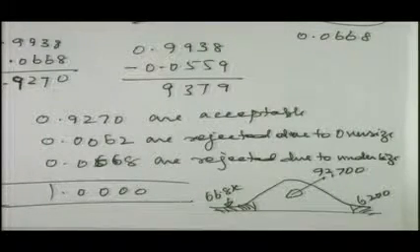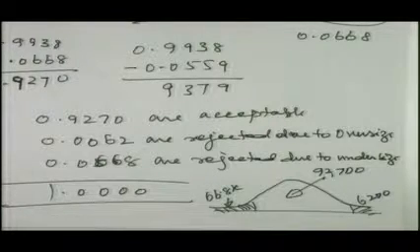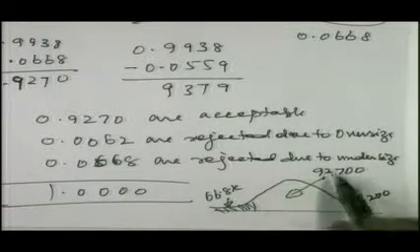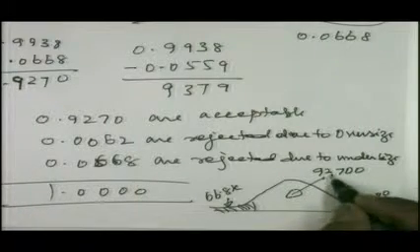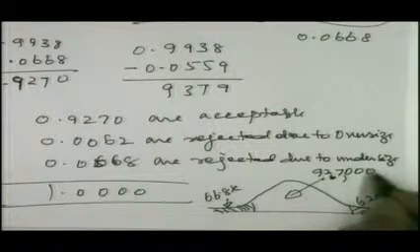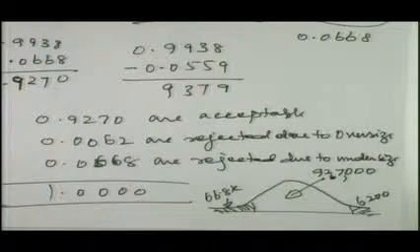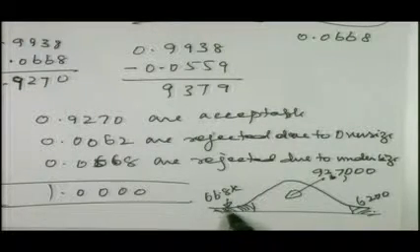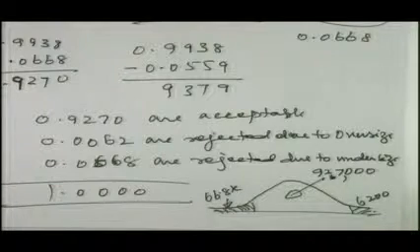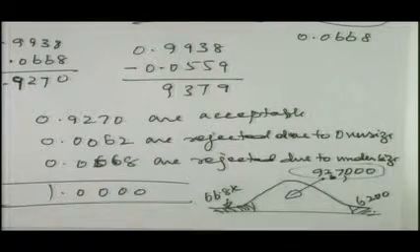So 927,000 are good. 6,200 are rejected due to oversize. 66,800 are rejected due to undersize. The rest is good.